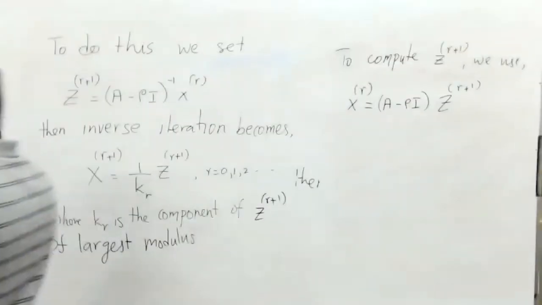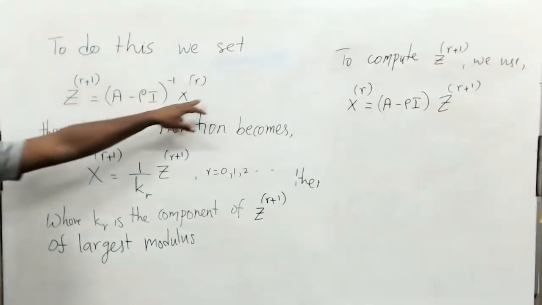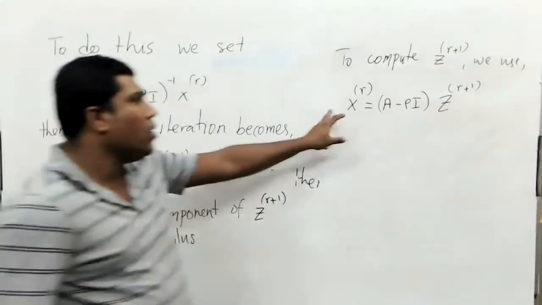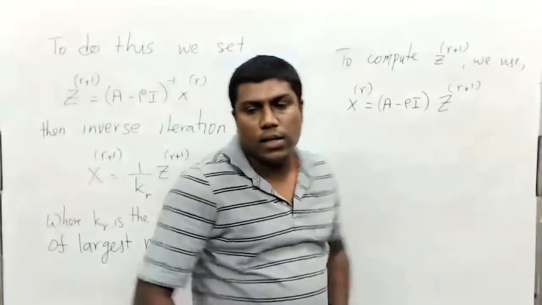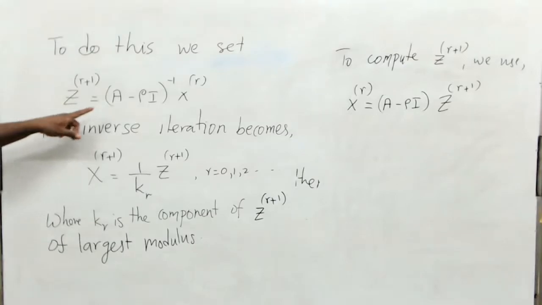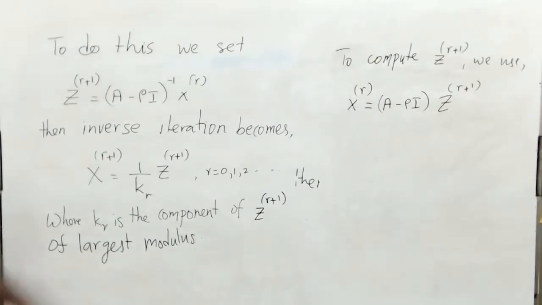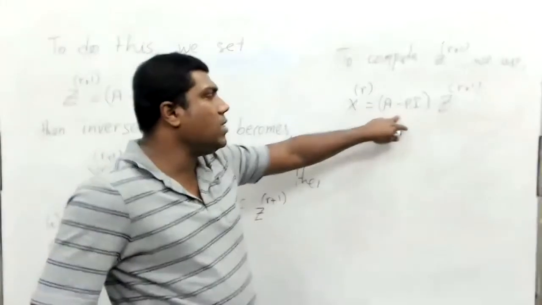First you want to compute Z_{r+1} at this step, right? So that means you want to solve this system. If you want to solve this system, you rewrite the system like this: X_r is equal to, you move this inverse to this side, so Z_{r+1}, right?